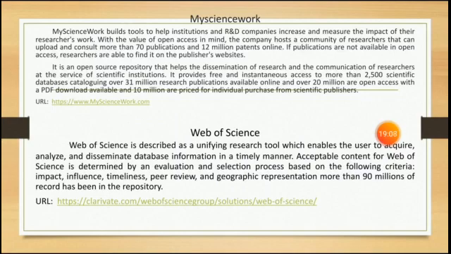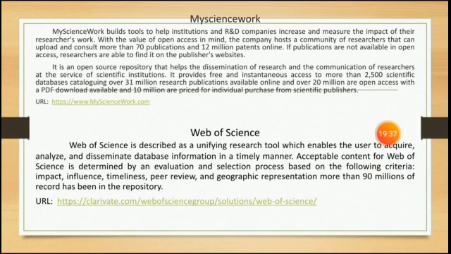It is an open source repository that helps the research and communications of researchers at the service of scientific institutions. More than 2,500 scientific database catalogs, over 31 million research publications available online, and 20 million are open access with PDF download available, and 10 million are priced for individual purchase from scientific publishers.